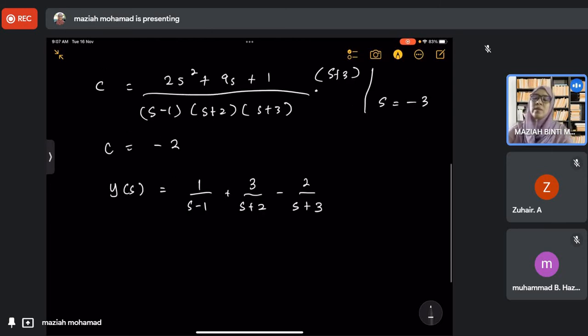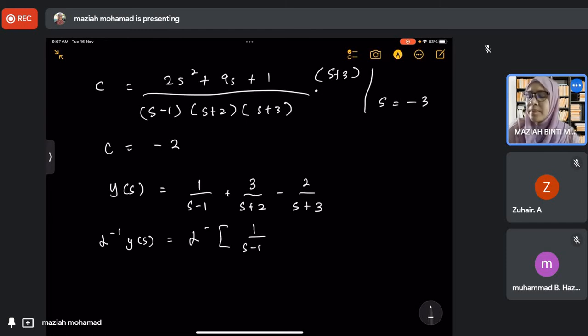Okay, so then we do the inverse Laplace. Put all the terms here. Alright, so we get y(t).